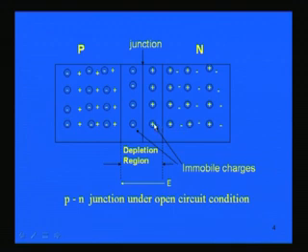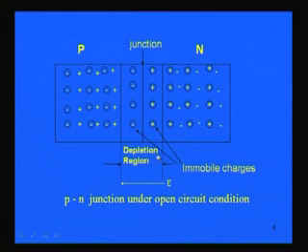That is why these bound charges will form a layer of negative charge on the p side and a positive charge layer on the n side. So, this region where there are no mobile charges, only bound or fixed charges, is called the depletion region, or it is also called the space charge region.